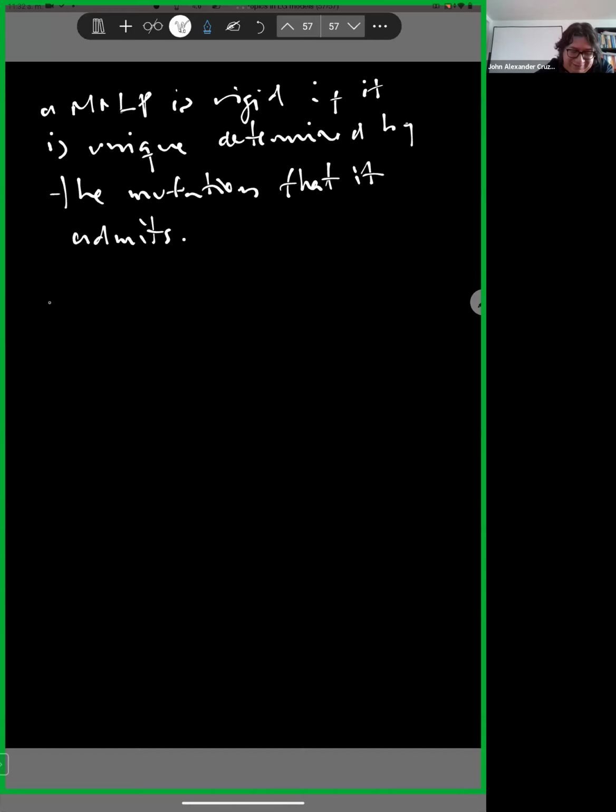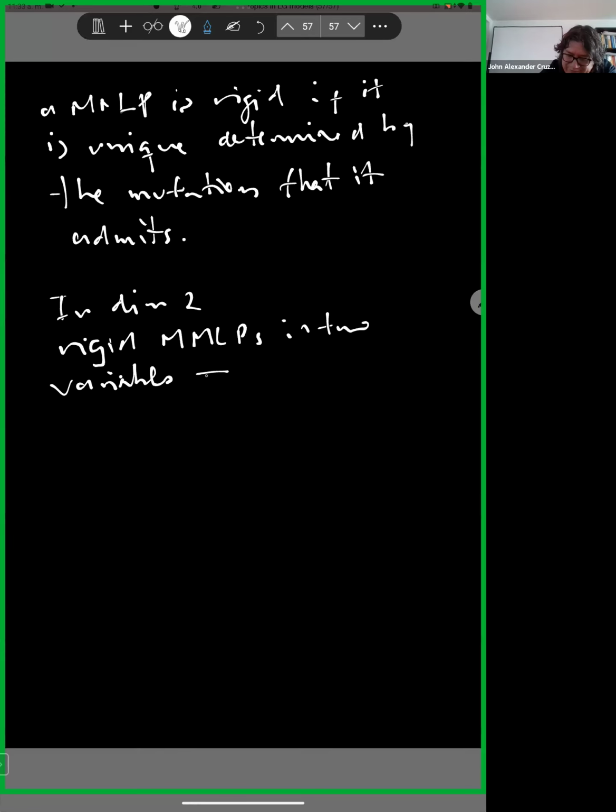So in the dimension two case, there is this theorem by Coates and other people that essentially says the rigid maximally mutable Laurent polynomials in two variables are in one-to-one correspondence with the qG deformation families of smooth del Pezzo surfaces.